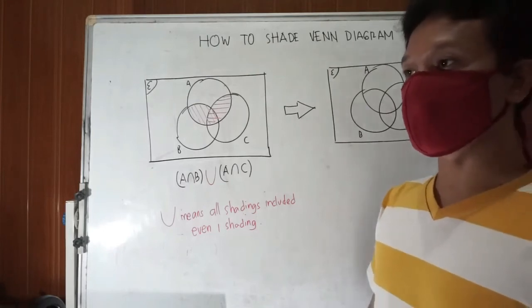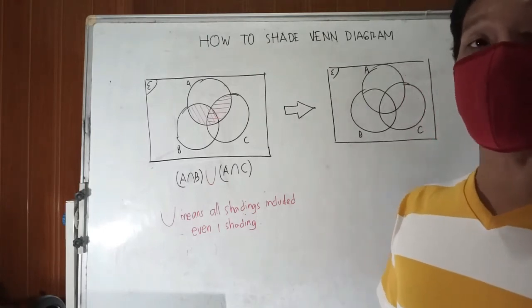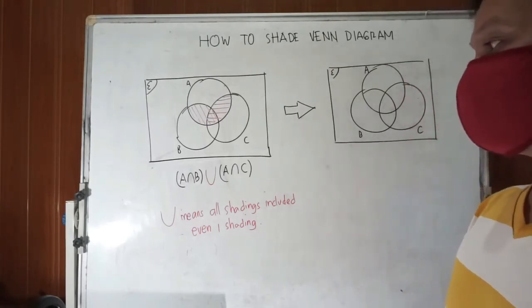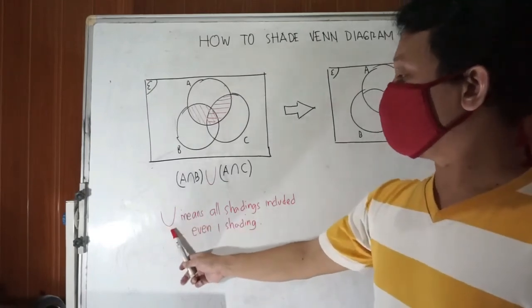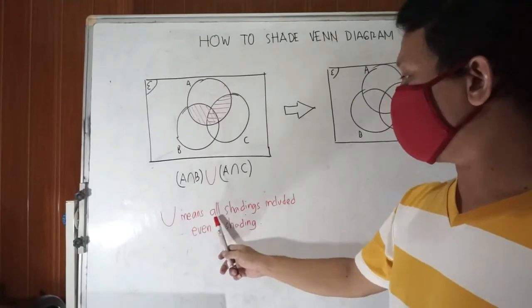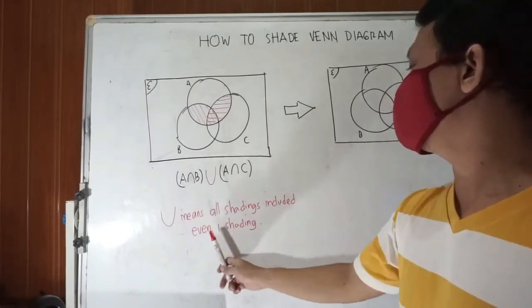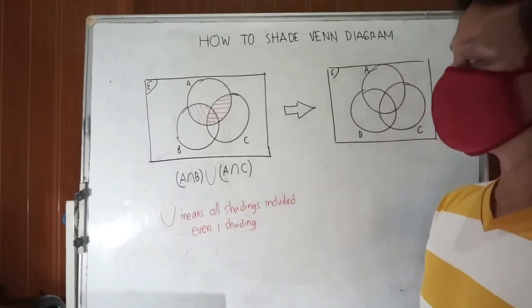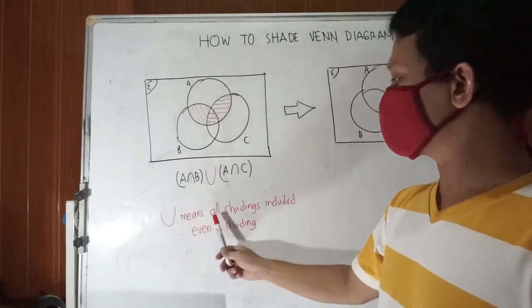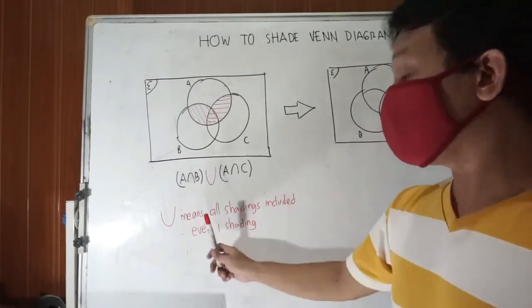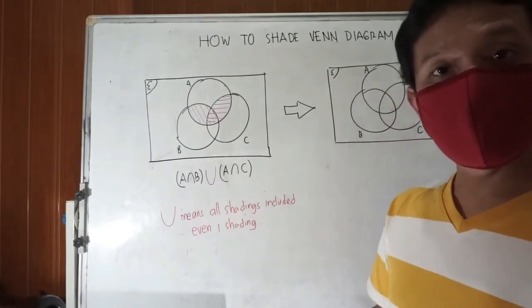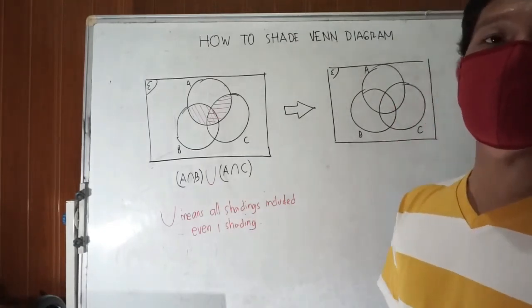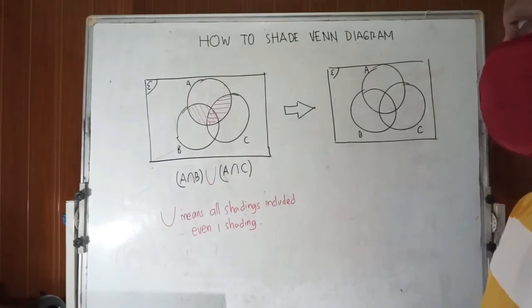Union means all the elements will be combined. So union in sets means all elements included, even one element only. So you have to include all the elements.